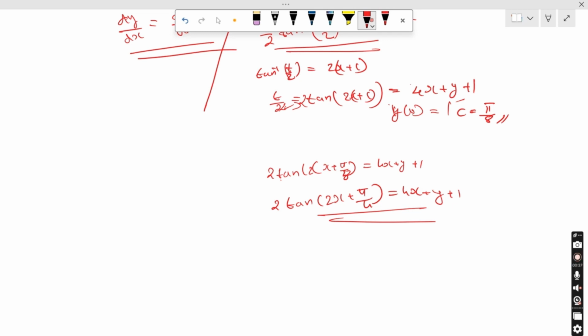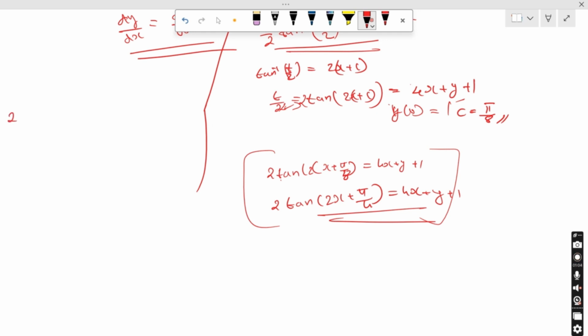If you have any doubt in substituting for c, you should ask me. In this step we just substituted x is equal to 0 and y equal to 1. If you want me to elaborate, I will describe it once more.